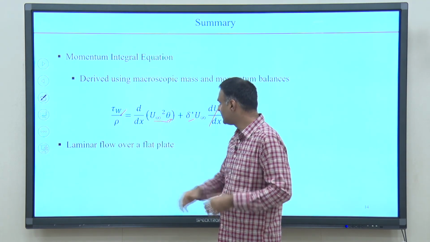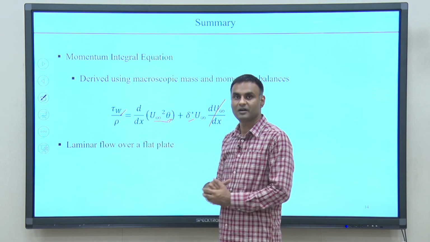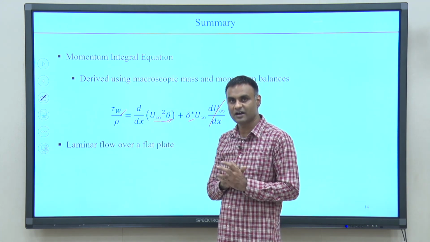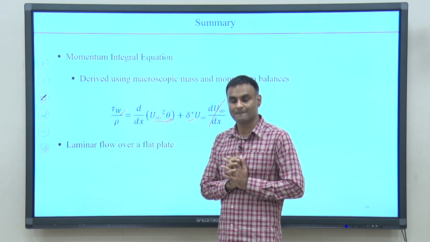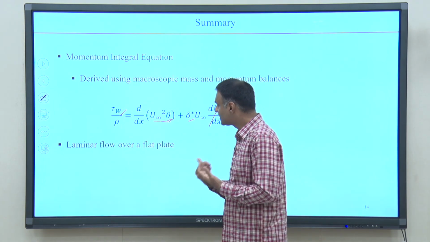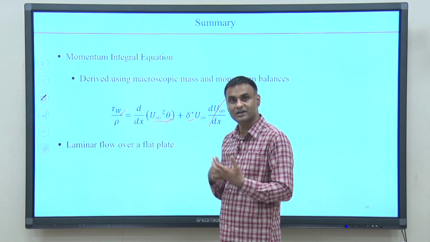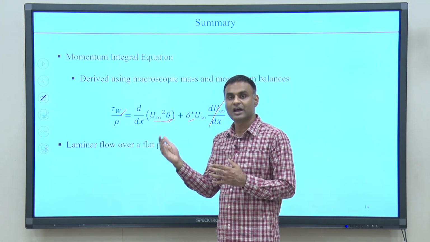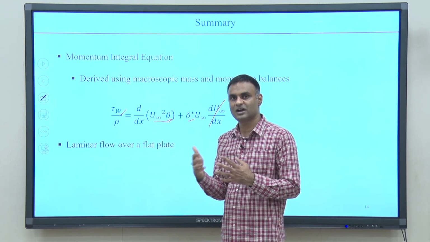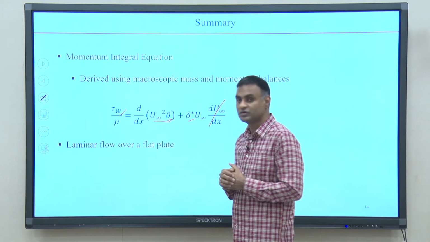Once we obtained that, we substituted and obtained a differential equation for delta, integrated it and obtained the value of delta. From that, we also calculated the skin friction coefficient, which is basically the non-dimensional form of shear stress, tau w by half rho u infinity squared.